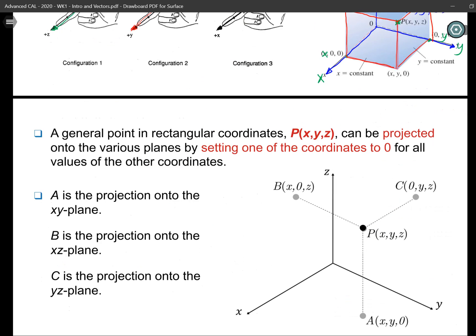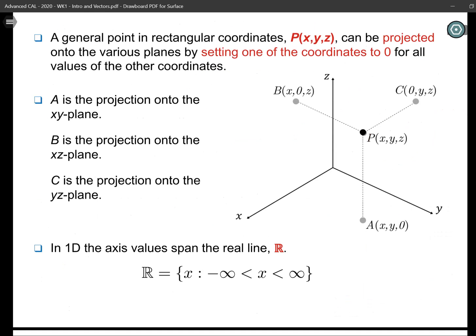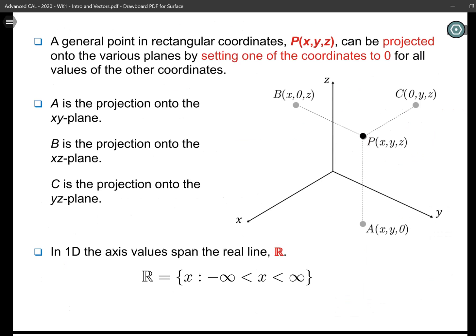Now, next slide. In this slide, we are going to talk about projection. That is the keyword. So let's write down projection right here. Alright, that is the keyword.